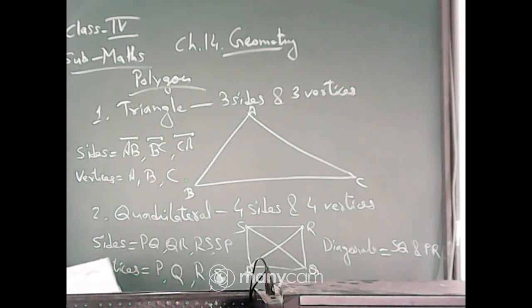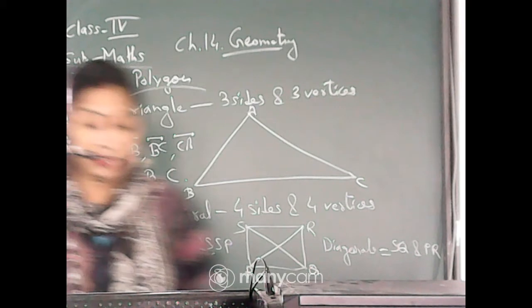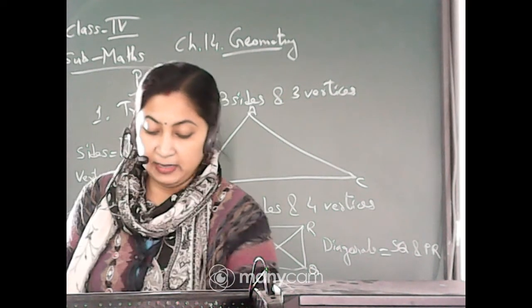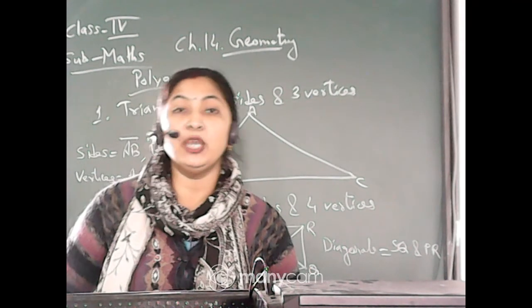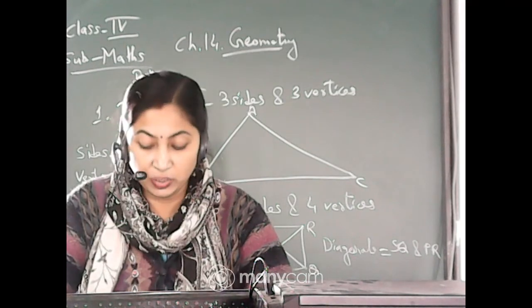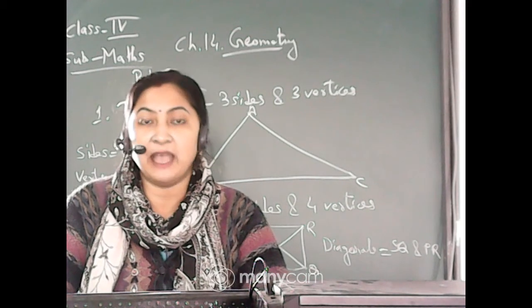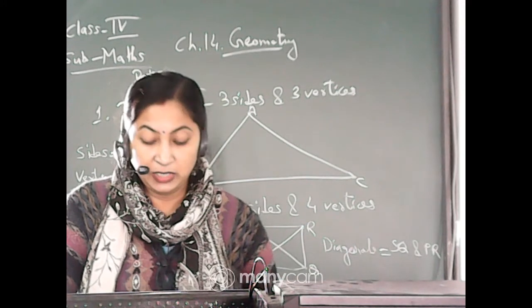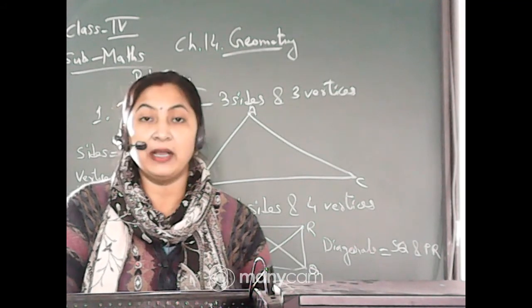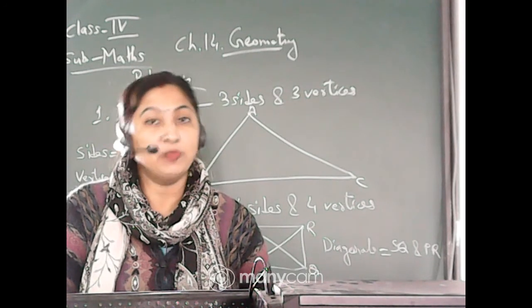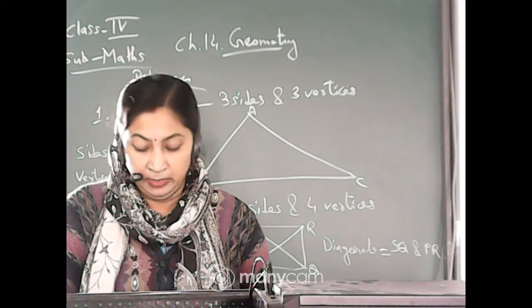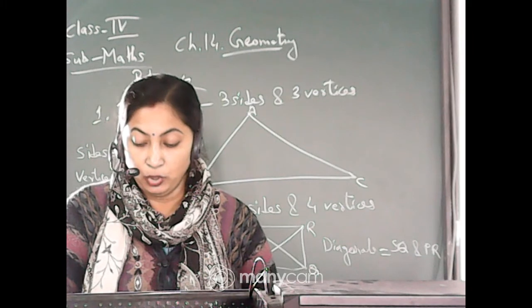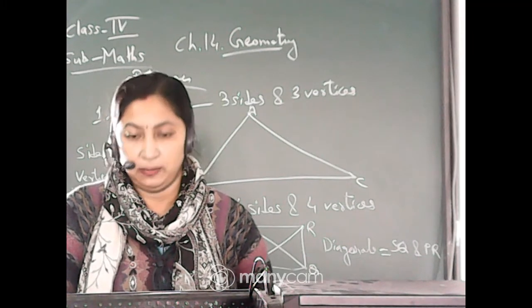Now in quadrilaterals there are rectangle and square. As you know, for a rectangle the opposite sides are equal, and for a square all four sides are equal. So square and rectangle both come under quadrilateral because both have four sides. Clear? Both have four sides, and in both you can draw the diagonals.